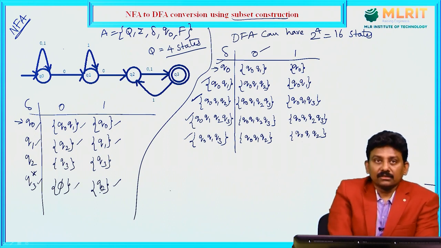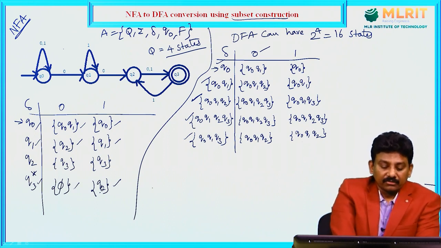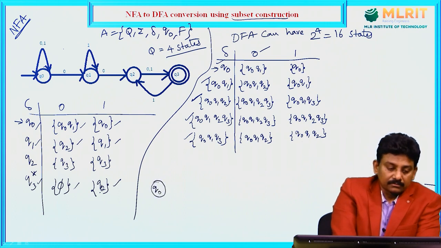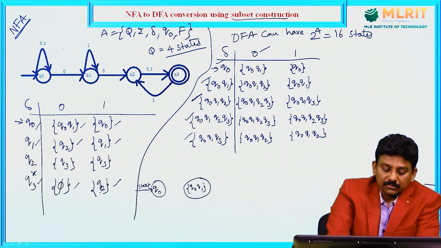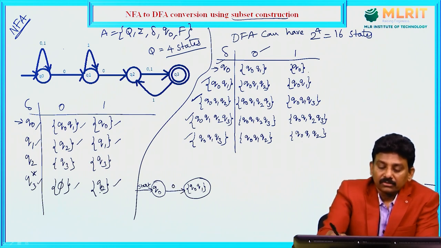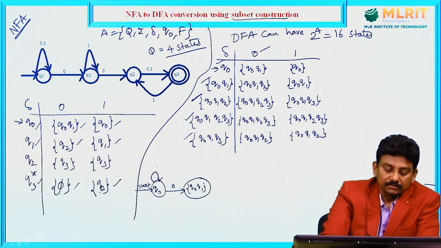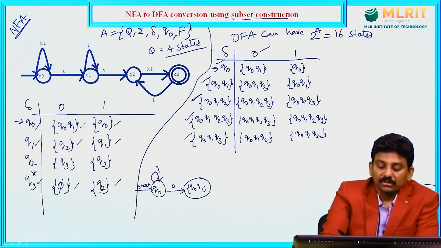Now we will draw the transition diagram for the equivalent DFA. Initial state is Q0, the starting state. Q0 on 0 going to Q0 Q1, on 1 going to Q0. Next Q0 Q1 on 0 going to Q0 Q1 Q2.